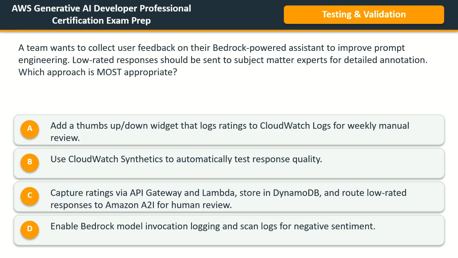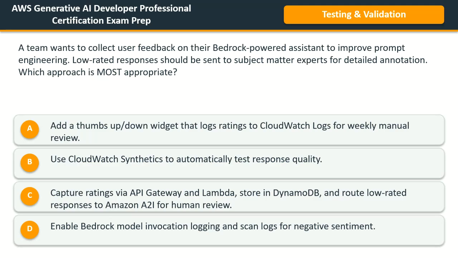This question is about building a feedback loop, not just collecting ratings. User ratings tell you what is wrong. Subject matter experts tell you why it's wrong. Amazon A2I is purposely built for routing items that require human judgment to reviewers.